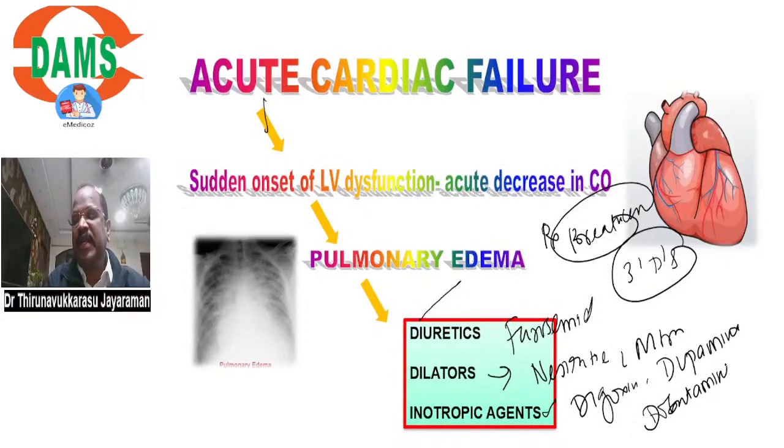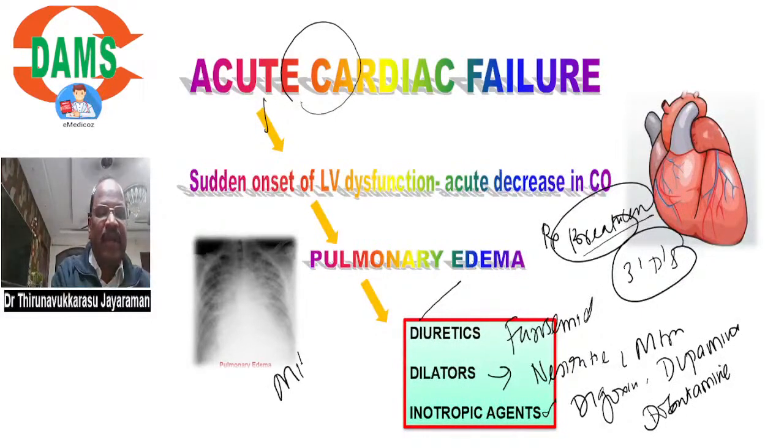All these increase the force of cardiac contraction. All these are called symptom relieving agents. So for acute heart failure, we just want to relieve the breathlessness. For that we use diuretics like furosemide, dilators like nesiritide or nitrates, and inotropic drugs like digoxin, dopamine, dobutamine, and milrinone.